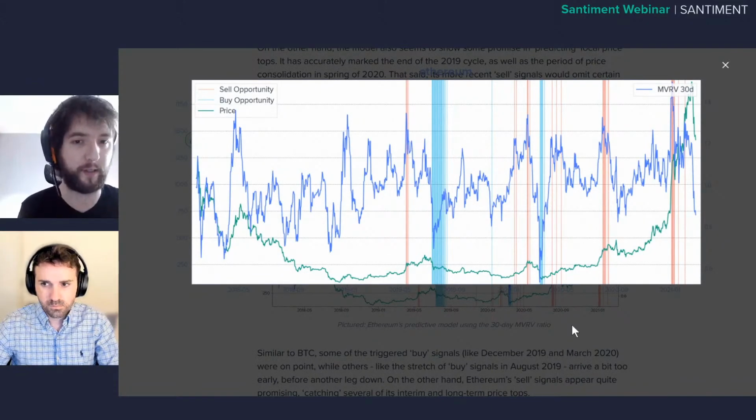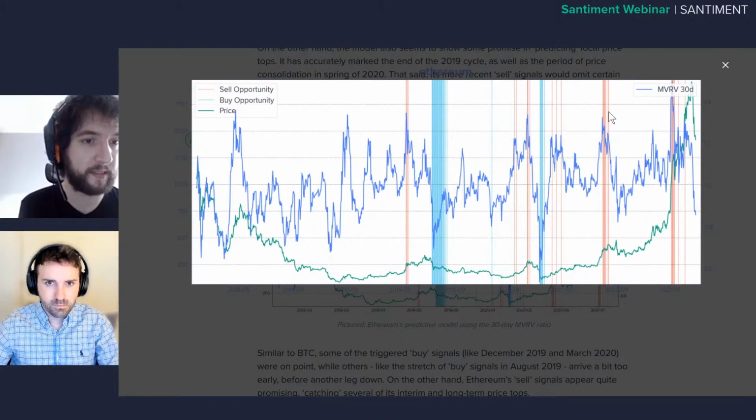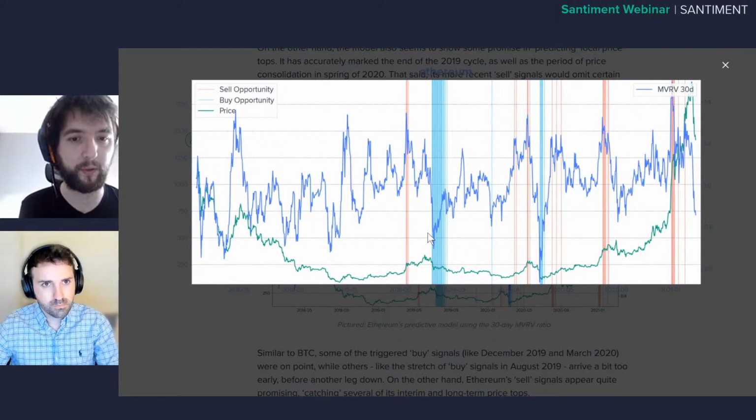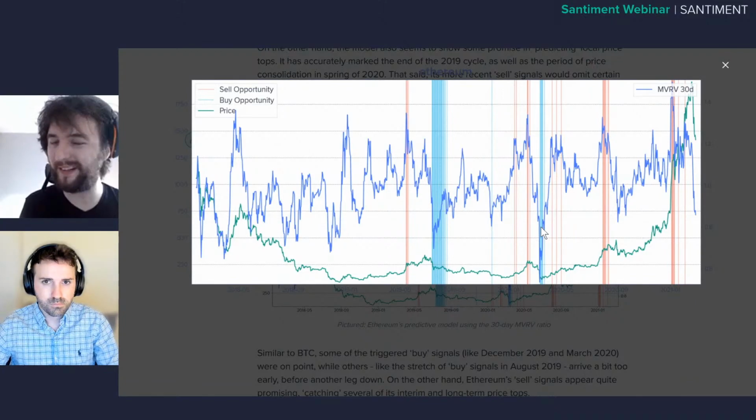Our sell signals would have triggered here, here, here, here, and here, and then 3 more sell signals right at the respective Ethereum tops, another cluster of signals here, then a big signal here, and a few smaller signals along the way. On the other hand, the opportunity signals would be here, and then around a few local bottoms for Ethereum.